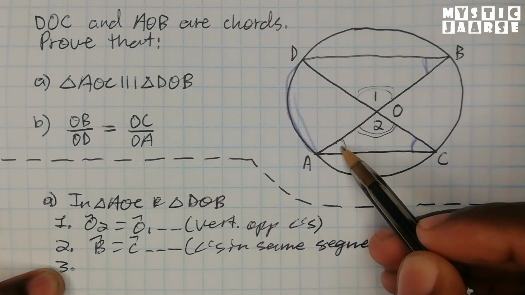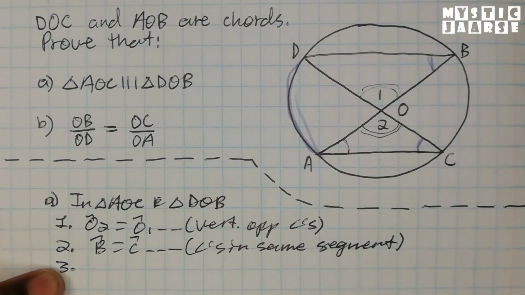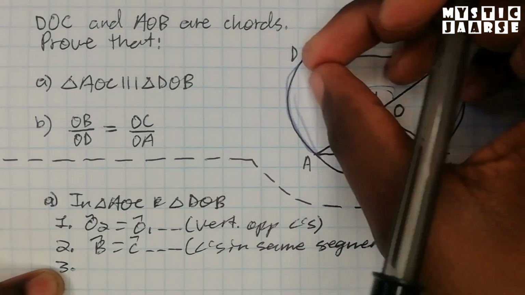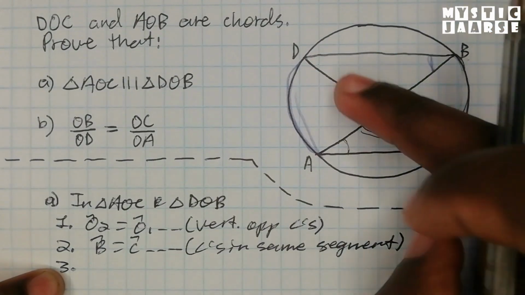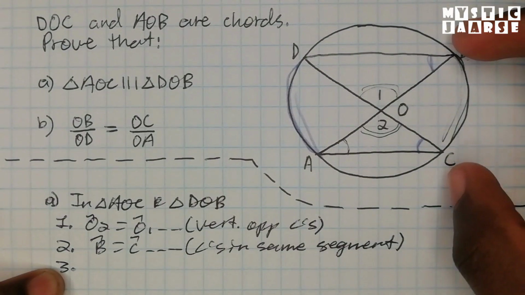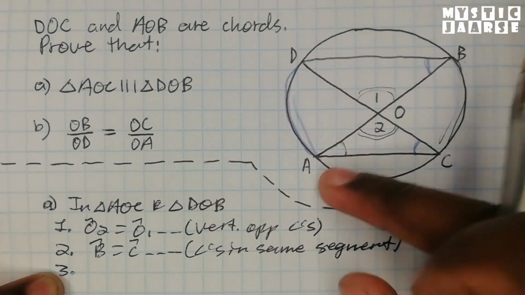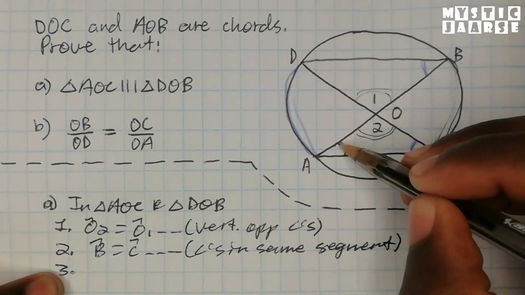why angle A will be equal to angle D because of chord BC. Chord BC subtends angle D at the circumference, and it is an angle of this triangle. Chord BC again also subtends angle A, and it is an angle of this triangle.